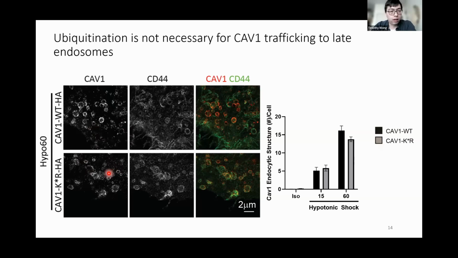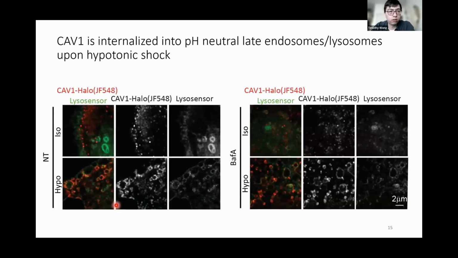However, when we express this mutant compared to wild type, we didn't really see a difference. This mutant was still able to form these spherical endocytic structures that were going into LAMP1 and lysosome structures. So ubiquitin was not necessary for trafficking to these structures.